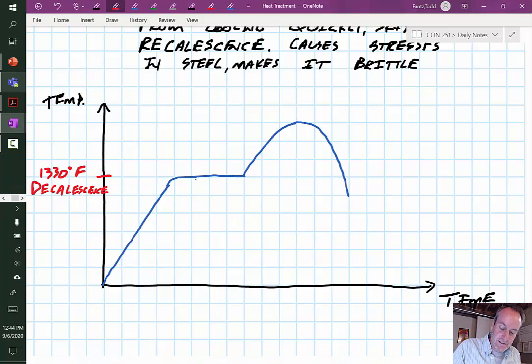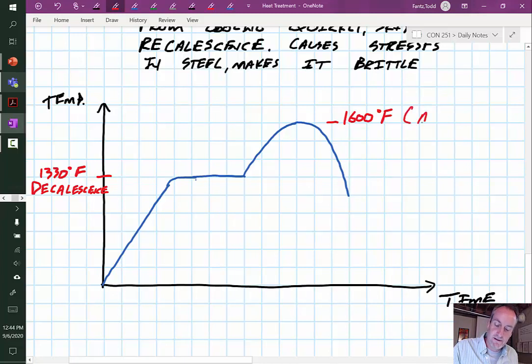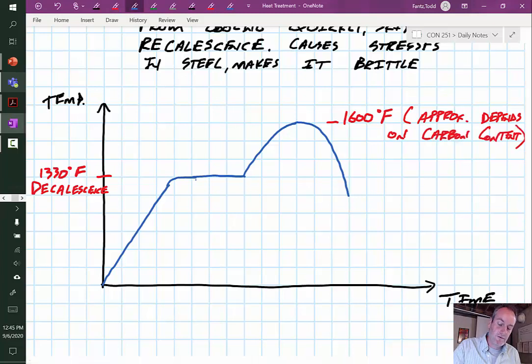Now this peak value is somewhat variable, depending on the amount of carbon in the steel in the beginning. However, we're going to put it here just so we can talk about it, 1600 degrees Fahrenheit. I'll put a little note on here that this value is an approximate value and depends on your carbon content. As we work back down, this is basically cooling.